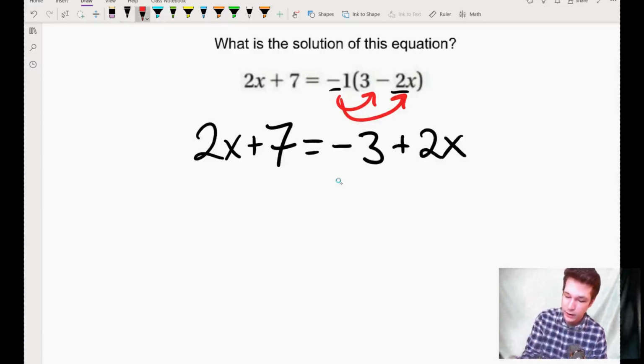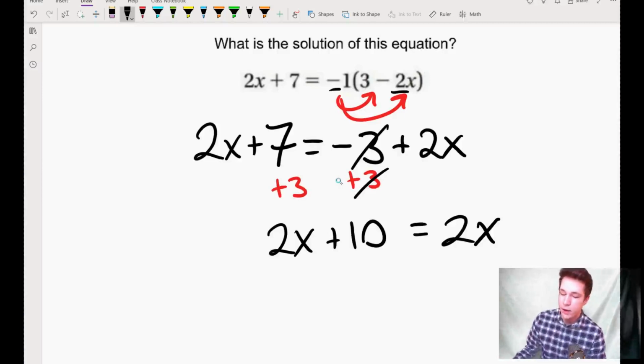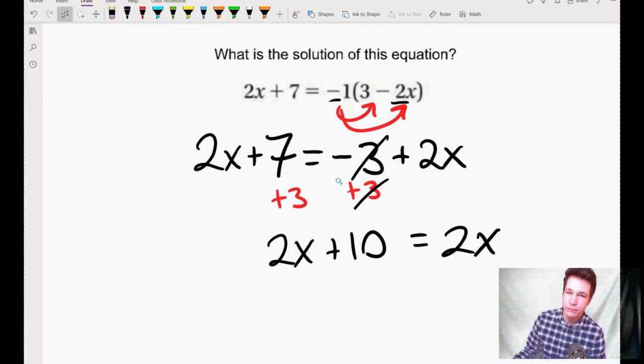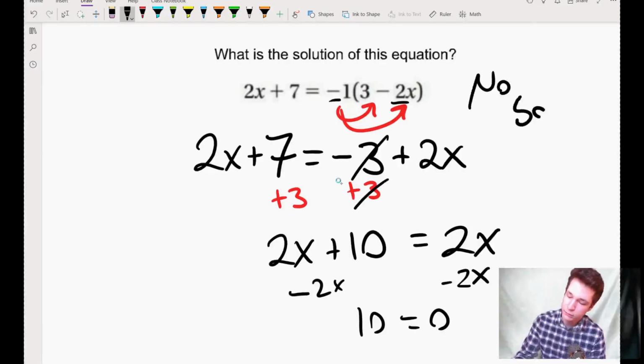Let's go ahead and add a 3 to both sides just to get rid of that 3. 2x plus 10 is equal to 2x. And here we come across the same weirdness. If I were to subtract a 2x on both sides, you then come to the conclusion that 10 equals 0, and that doesn't make any sense. This has no solution as well.